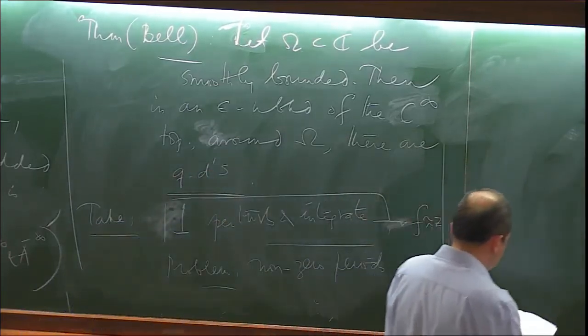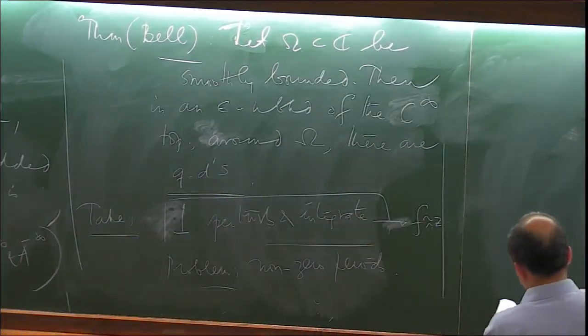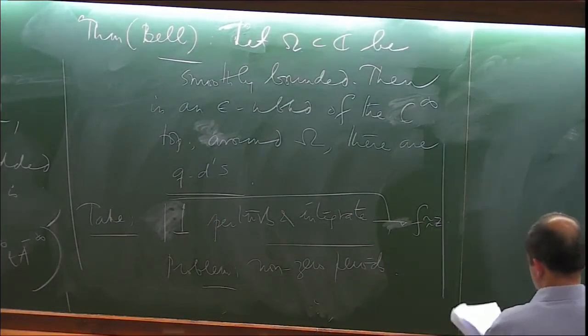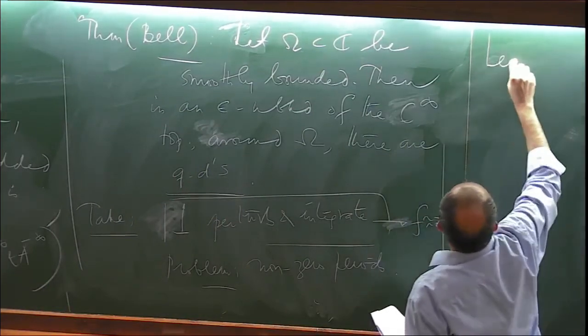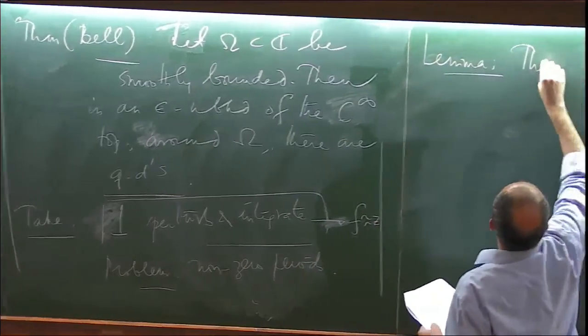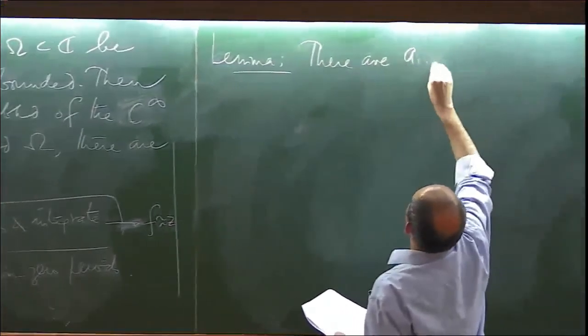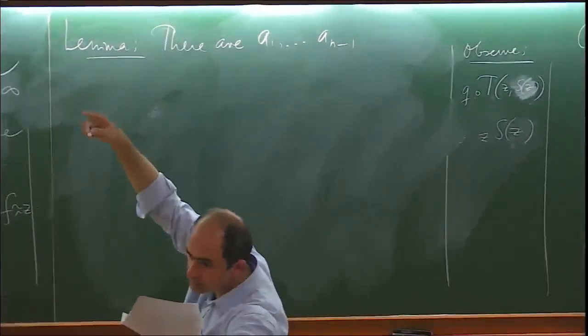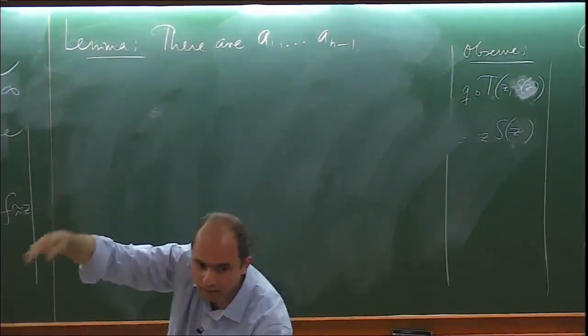And for that, there is this linearity argument. So, again, a very nice observation. So there are n minus 1 points. So n is the connectivity of your domain. So one outer boundary and n minus 1 inner boundaries.